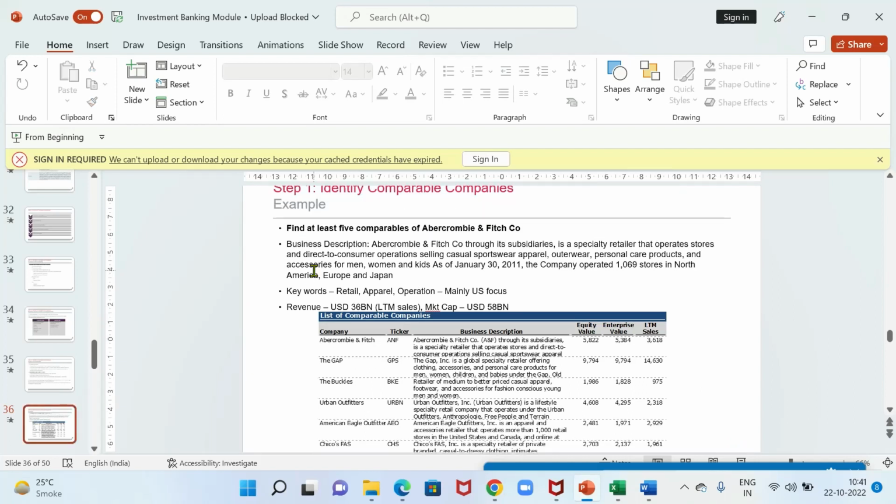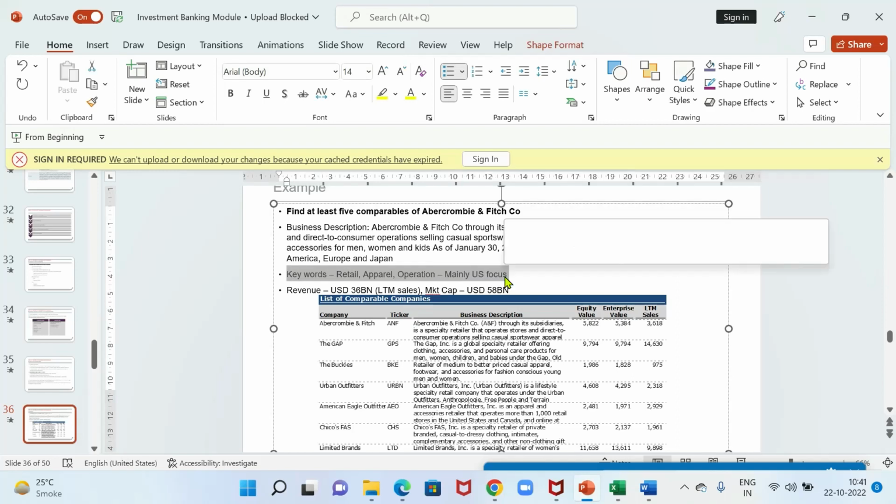So suppose there is this ANF company, which operates specialty stores and direct to consumer operations, selling sportswear, casual wear, outerwear, personal care products, and accessories in North America, Europe, and Japan. The keywords for retail apparel operations, mainly US focus. North America being predominantly its primary geography, with few stores in Europe and Japan.